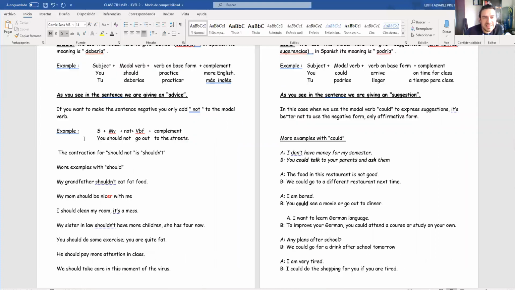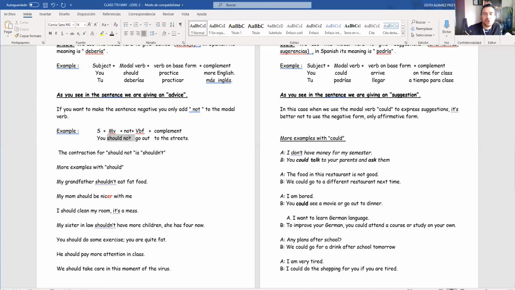If you want to make the sentence negative, vamos a hacer la oración negativa, solo le agregamos, we only add not to the modal verb, al verbo modal. Example, subject, modal verb, not, verb on the base form, and complement, okay? So example, you should not go out to the streets.